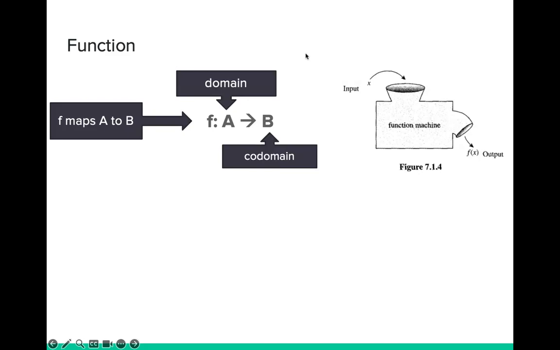So for example, if we have a function that adds 1 to a certain integer, what would be the domain and the codomain there? From the word itself, we add 1 to the integer, so the domain will be the set of all the integers.